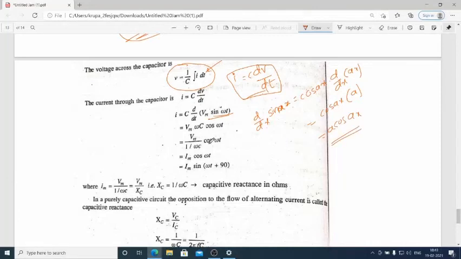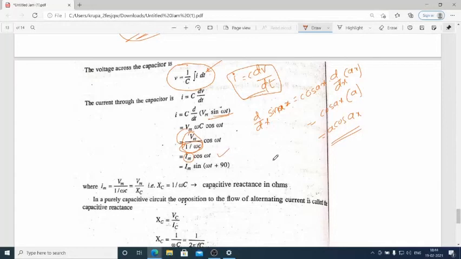So we get Vm upon 1 upon omega c. For easy understanding, I am writing this equation like this. This is considered a constant, and that value is the peak value of the current, Im, into cos omega t.